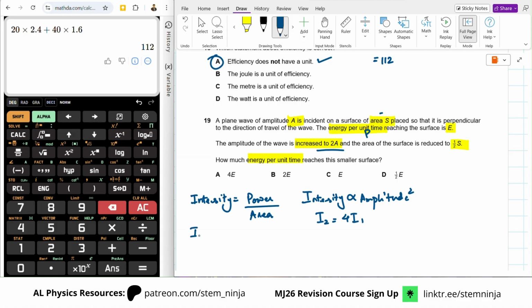If I1 is the first energy per unit time over area, E over S, I2 would be 4 times I1. However, I2, which is 4 times I1, is going to be equal to some energy, let's call it E2, over half S.